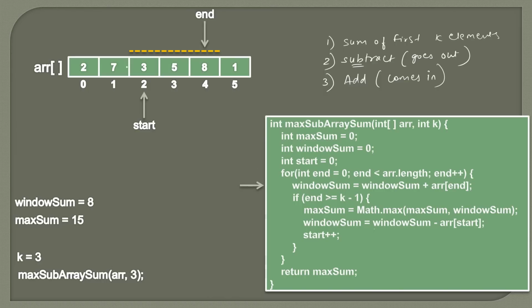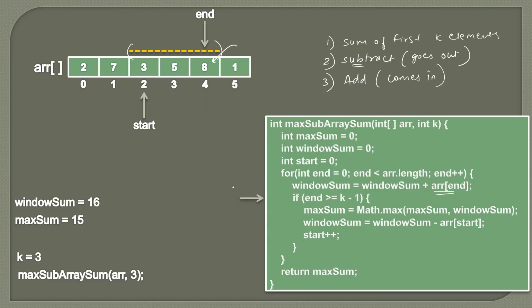Here 7 was excluded from the sliding window and 8 was included, because the sliding window shifted by one position. So 3 and 5 remained there and 8 was included. We know that we need to add the value which comes in. So we are doing the same thing: we add the value 8 to the previously calculated sum. So 8 plus 8 will give 16.